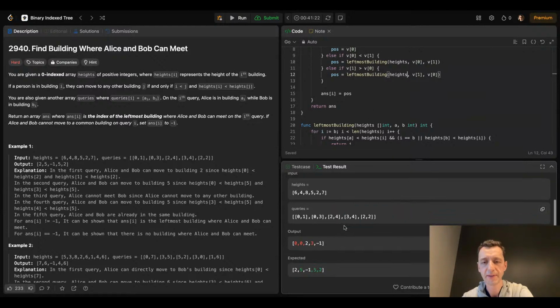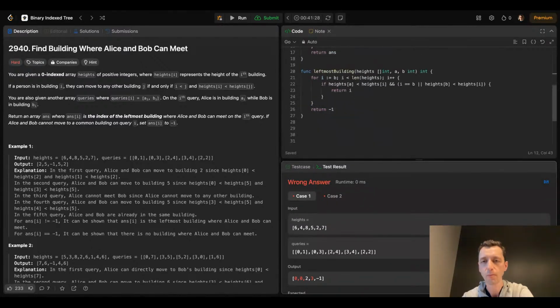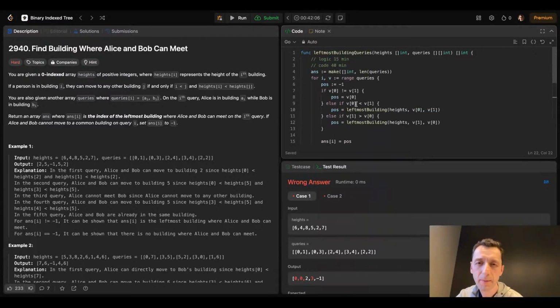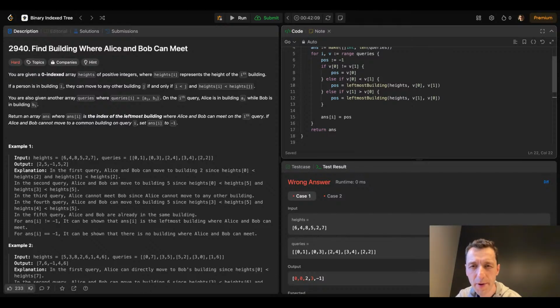So it says that the answers are wrong. So we're gonna go starting with the B, with the bigger index, whatever it is, and then the leftmost possible where both can move to. Okay, could the problem be here?